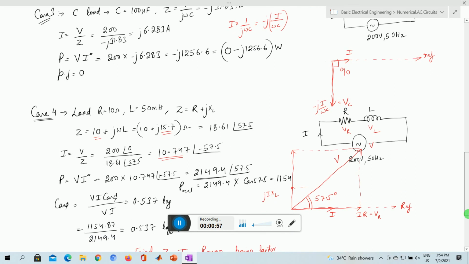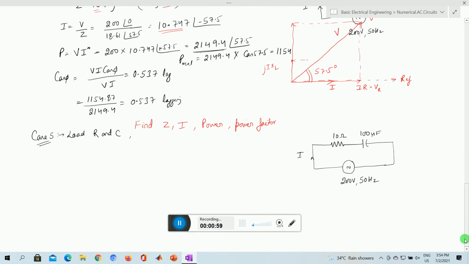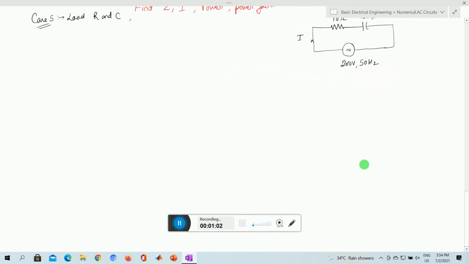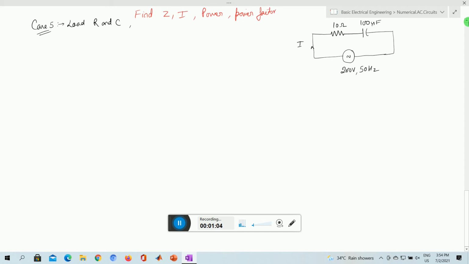So let us solve it. Here the question is being formulated. First thing is the impedance. So obviously the value of Z is equal to R plus 1 by j omega C. We can write Z is equal to R minus jXC.